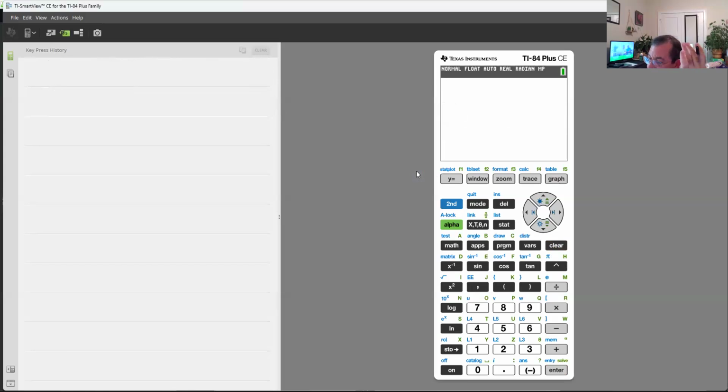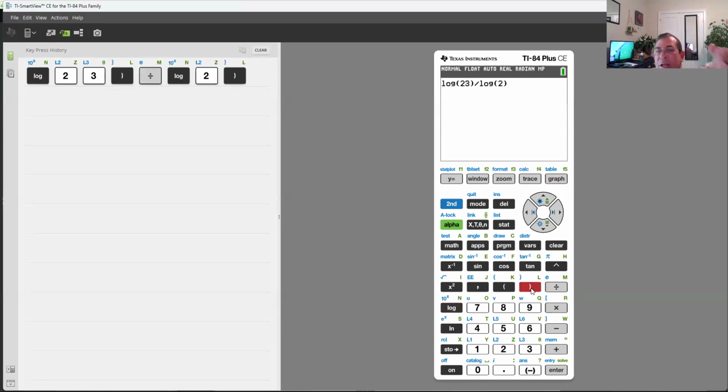All right, y'all, so I had a log of 23, so log 23. See how it gives you the first parentheses, and then you close it. And then that'll be divided by the log of 2, and then shut those parentheses. All right, y'all, so we're going to hit enter and see what we get.